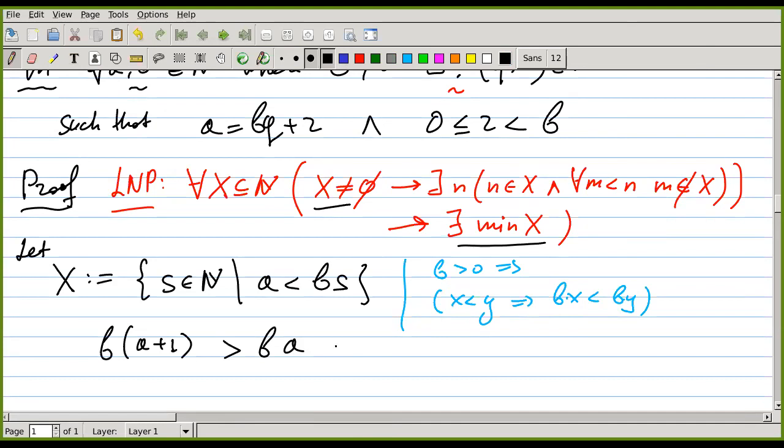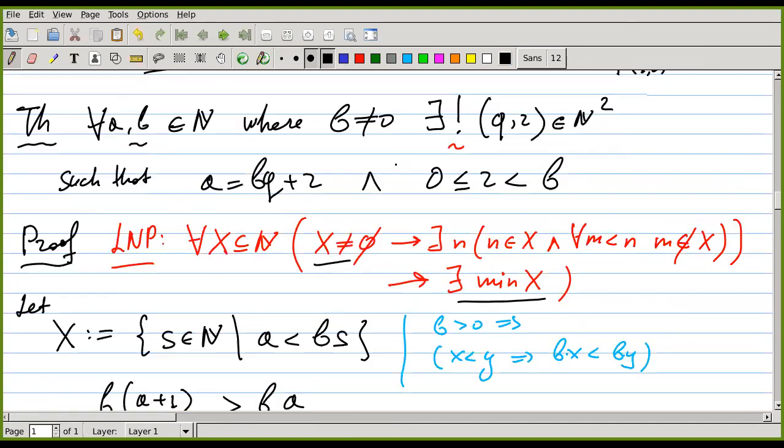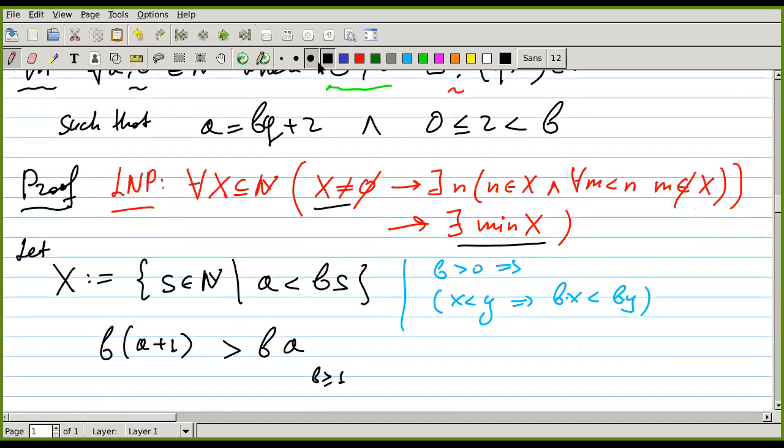But we know that b is at least 1 because b is positive. Do you agree? Yes, because we take natural numbers, which are also integer ones.